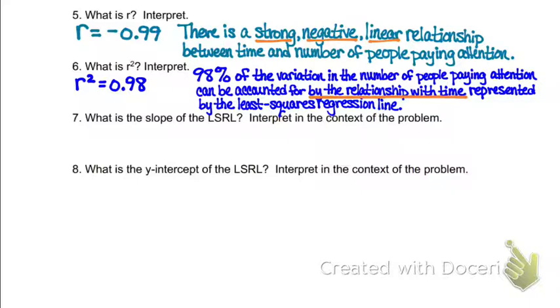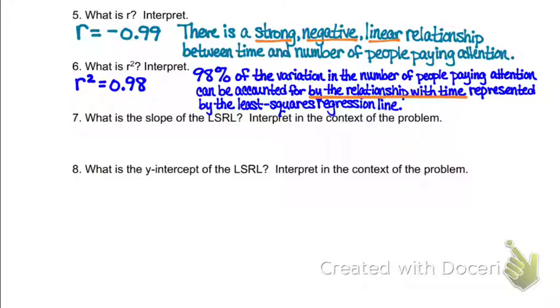So what we're talking about here is if we were just going to use the mean of y for our predictions, they wouldn't be very accurate. If we had information about the time, our predictions about the number of people paying attention are going to be better. Because the earlier it is, the smaller the time, the more people were paying attention.